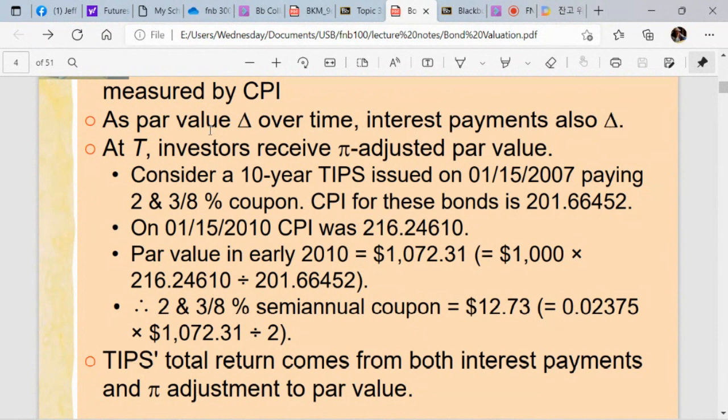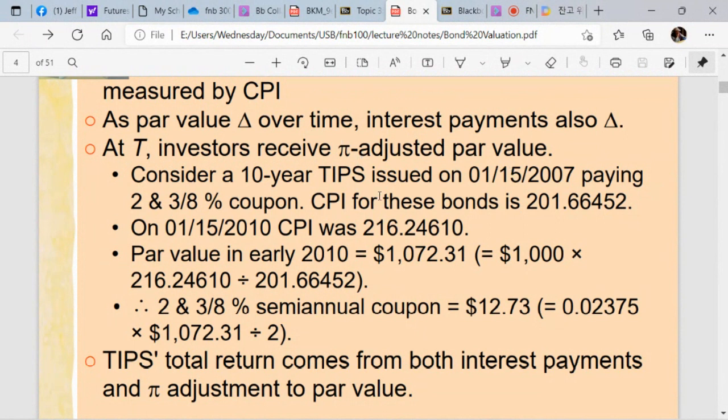The delta is a symbol for change, right? At maturity, that uppercase T means terminal time. So that's maturity. At maturity, investors receive the inflation adjusted par value.